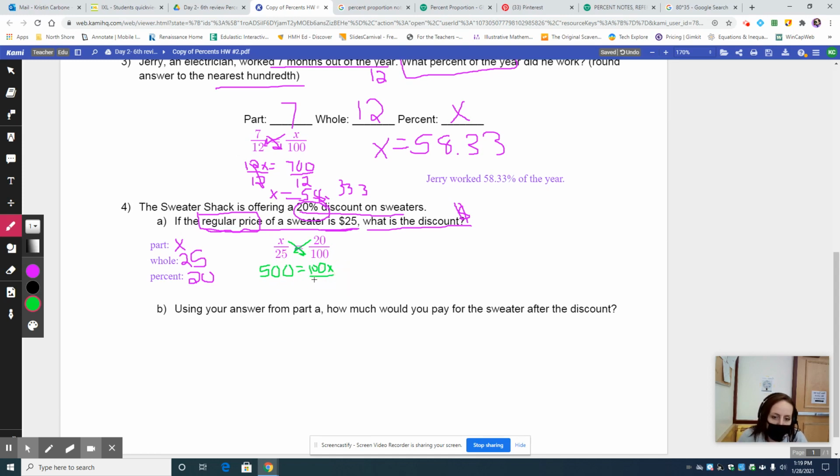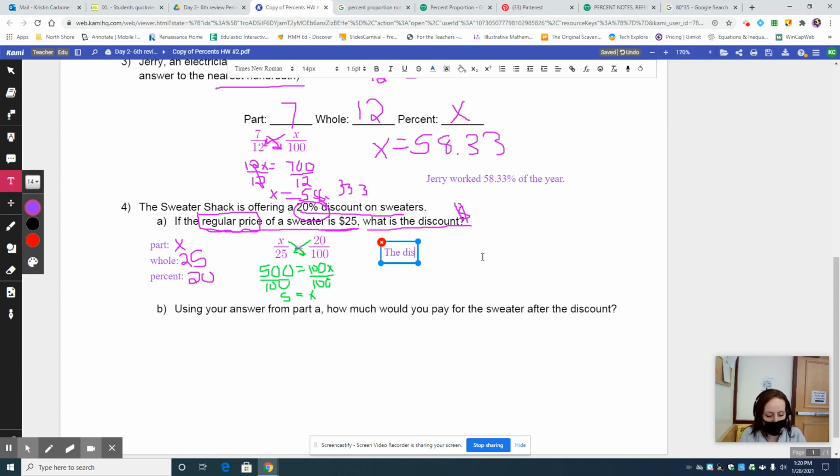And then divide both sides by 100. And you get x equals 5. So a target statement for this section would be the discount is 5 what? 5%? Nope, $5.